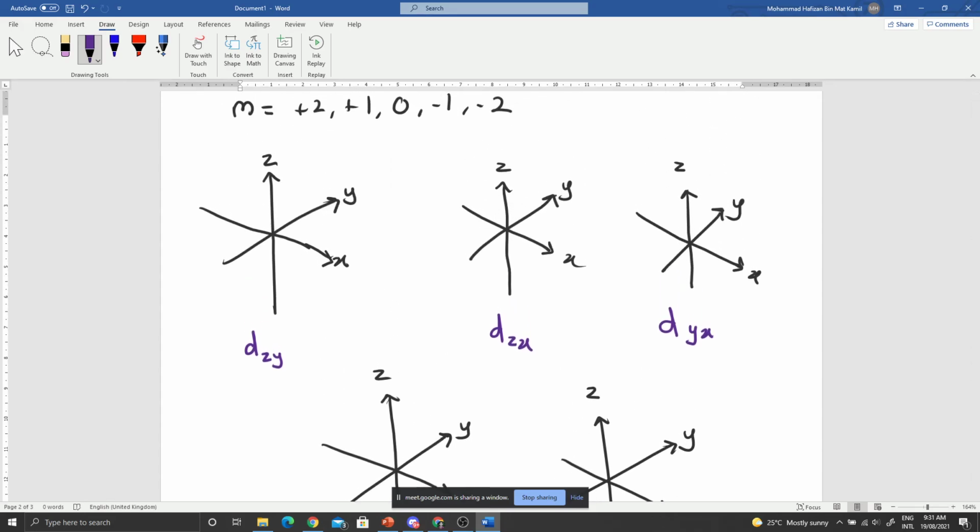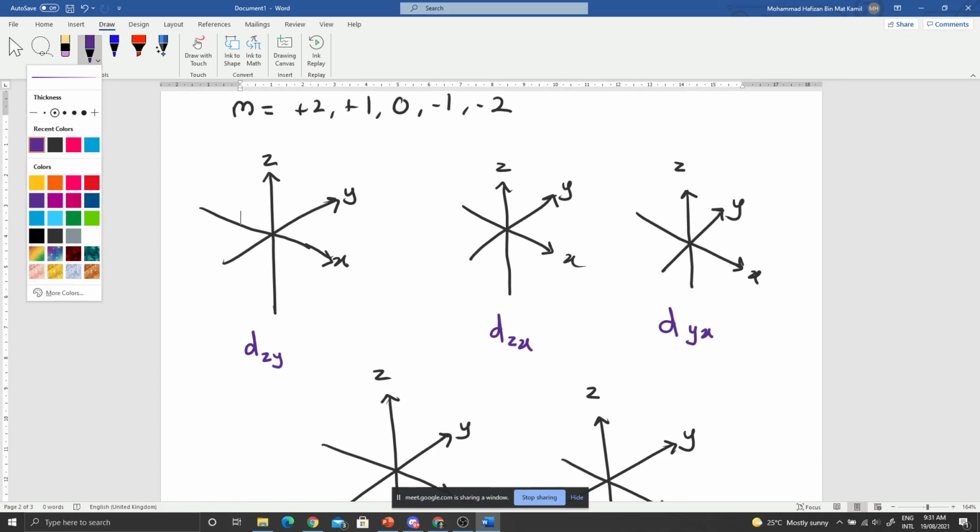Okay, this one yang you guys have a bit special ni lah, special thing yang you have to do, because I use this color lah. So untuk lukis DZY, so you nampak Y axis dengan Z axis. So what you need to do is you draw parallel lines to the axis.